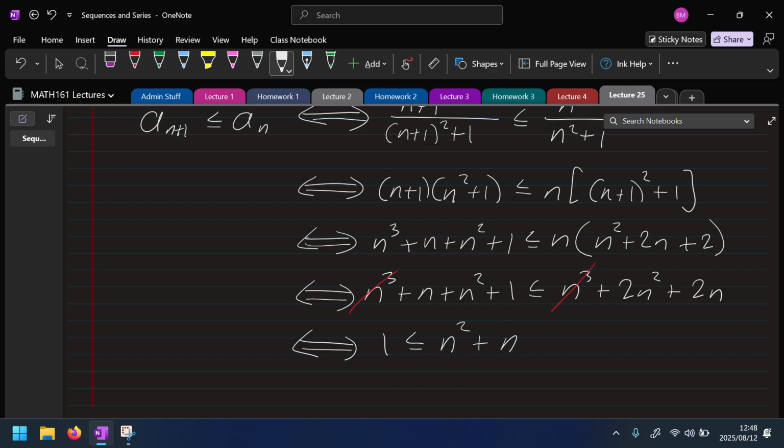And we know that n is always greater than or equal to 1, right, because the natural numbers start from 1. Okay, what can we say about this statement at the end? If n starts at 1 and is always increasing, what can we say about that statement?